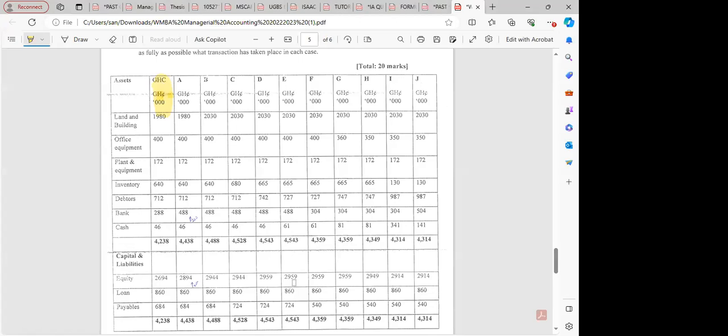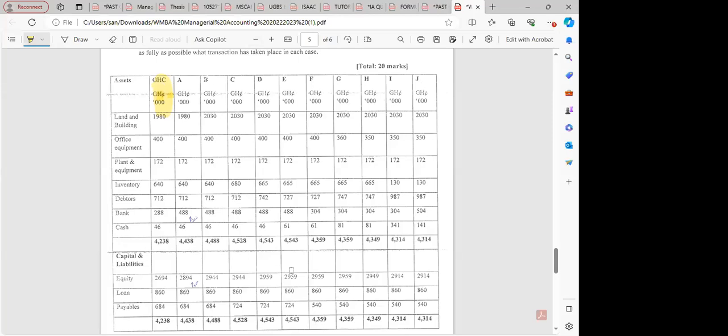Equity is the same, loan is the same, and payable is the same. Hence, the effect just has to do with debtors and cash. So it may suggest that you have received 15,000 in cash from your debtors.